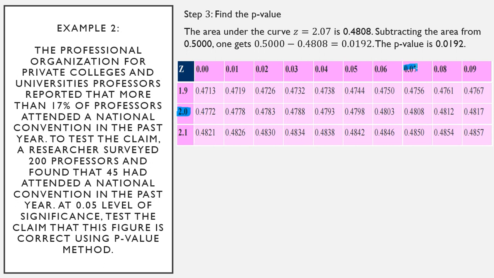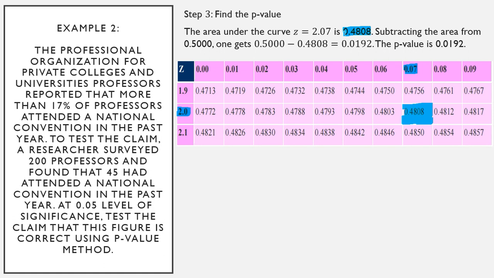And then check natin sa taas yung 0.07 since that will be the last decimal po. Okay, then pagtatapatin lang natin. And makikita po natin sa table na yung area under the normal curve na 2.07 is 0.4808.